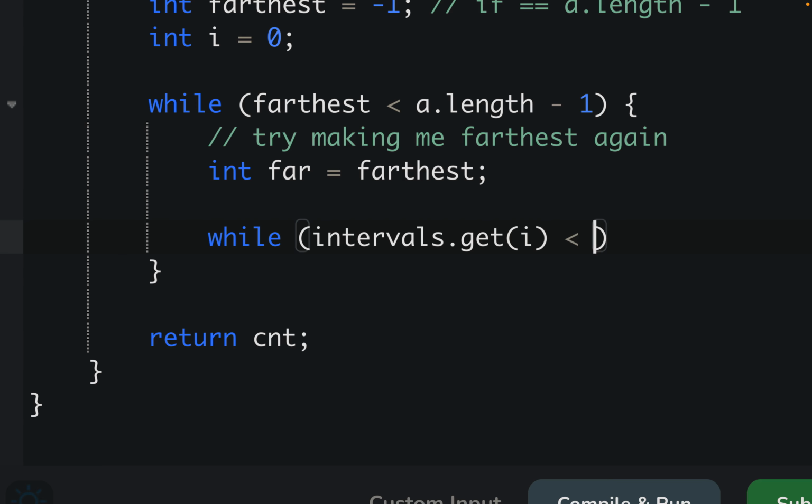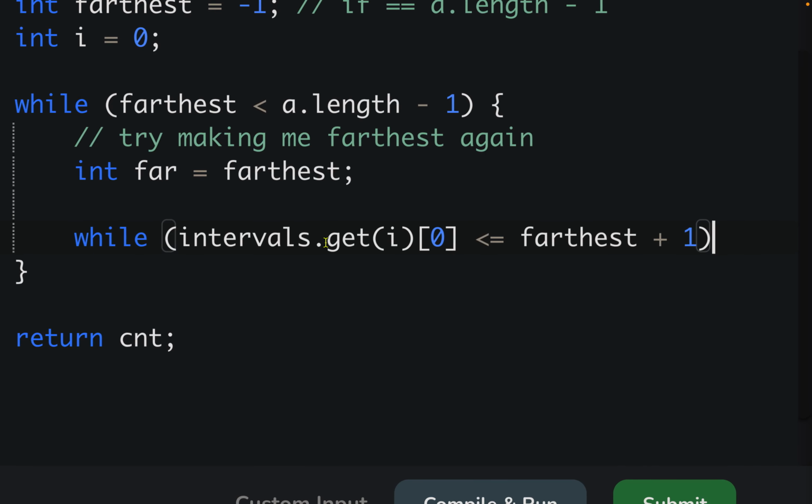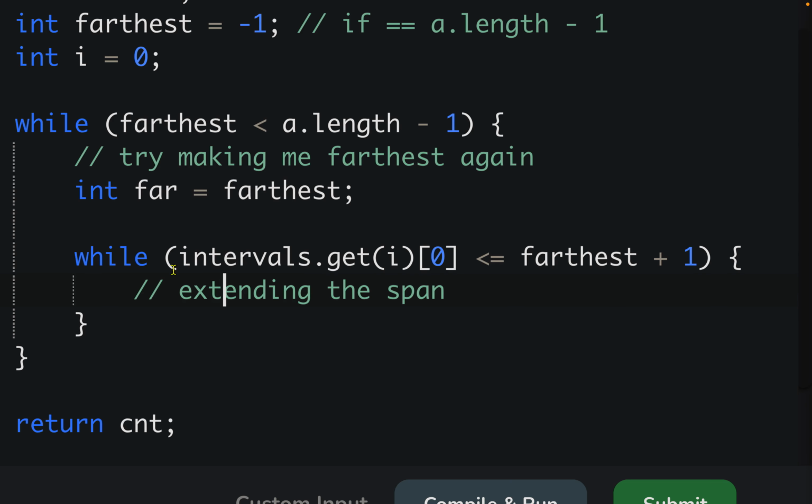And how can I know whether I'm reaching this point? My starting point is less than or equal to farthest + 1. Okay, digest this for a minute. Here my logic of extending the span would go when I am reaching the interval start.